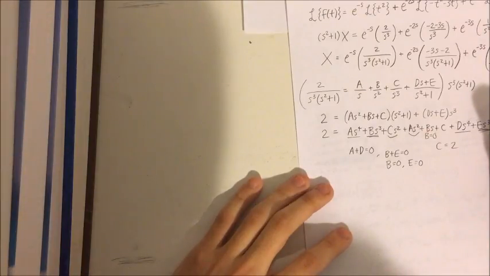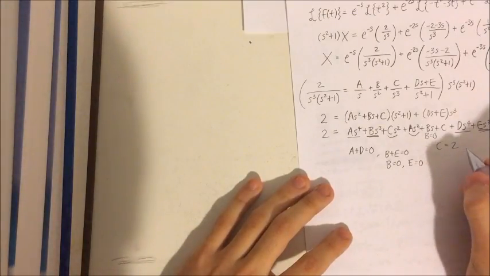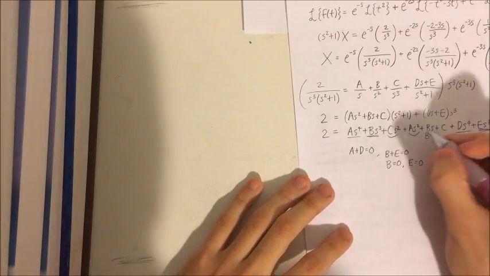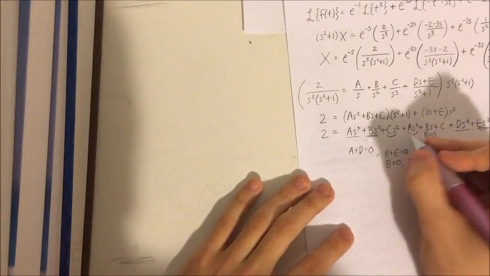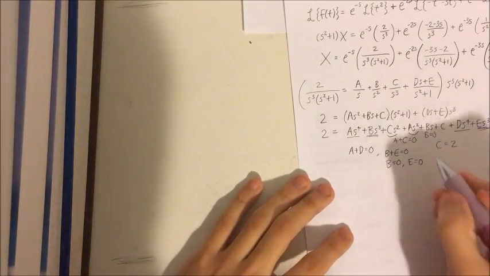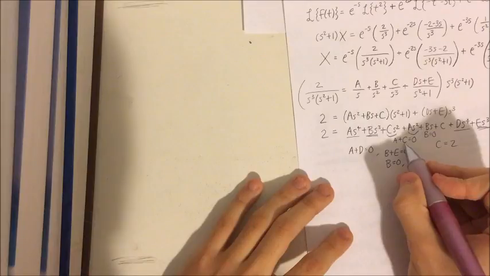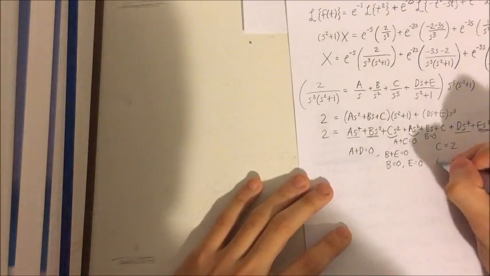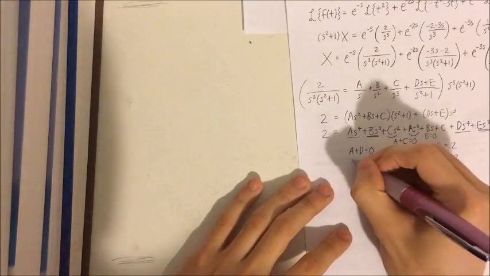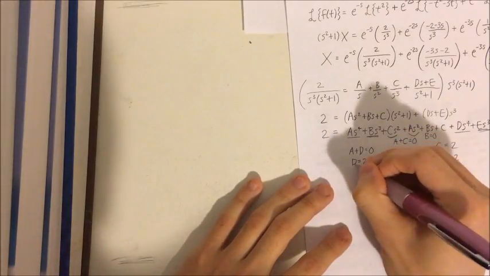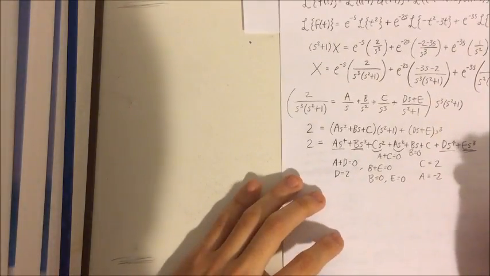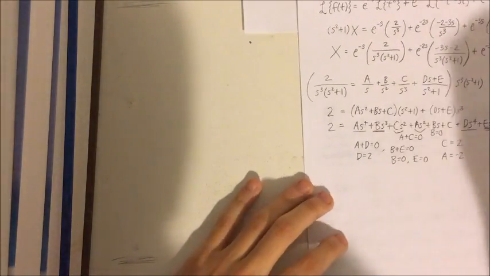So e is going to be 0. C is equal to 2. A plus d is equal to 0. And a s squared over here is going to give us a plus c is equal to 0, where we know that c is equal to 2. So c is equal to 2, so a should equal negative 2. If a equals negative 2, then d should equal 2. So we have it over here.